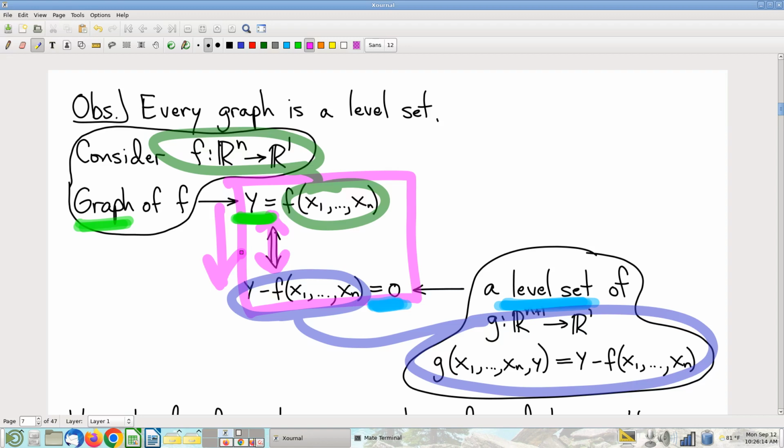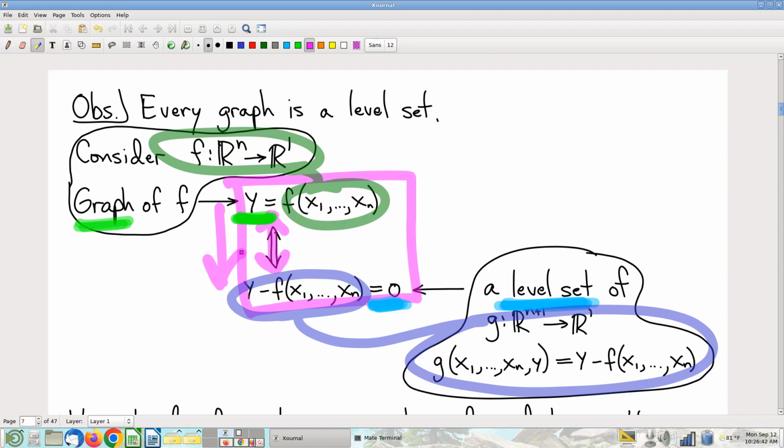Why do we care? Well, sometimes we're going to find ourselves looking at a graph. That's just what we're interested in for whatever reason. And the thing that we need to analyze on that graph, oh man, the calculus of level sets sure would be handy. The calculus of level sets gives us different geometry. And it'd be nice on many occasions, when we're looking at a graph, to dip into those tools in the toolbox for the calculus of level sets, because that would give me exactly what I need.